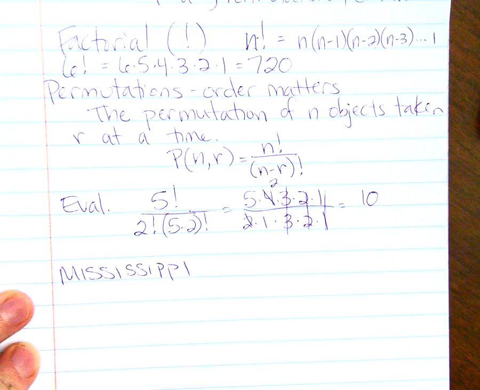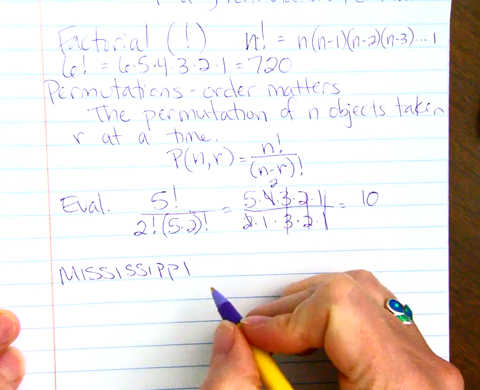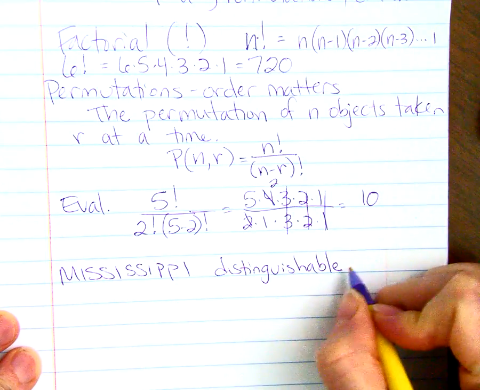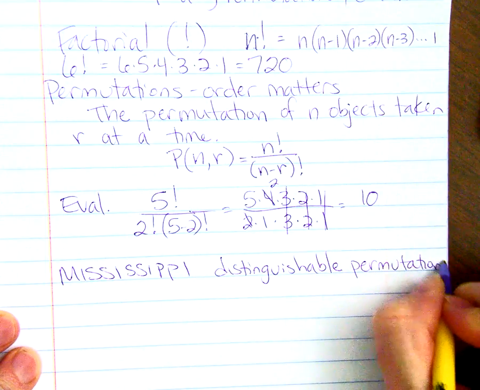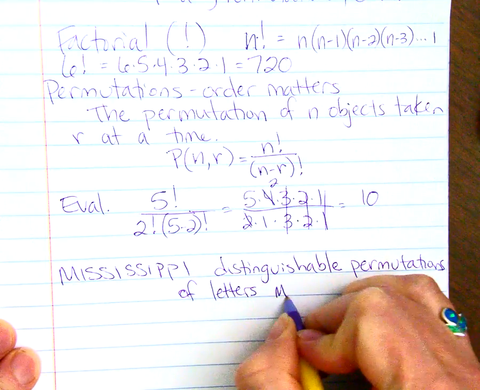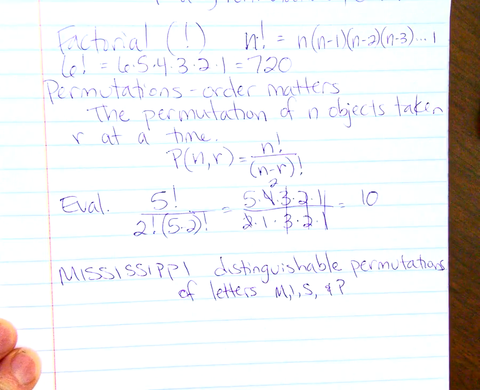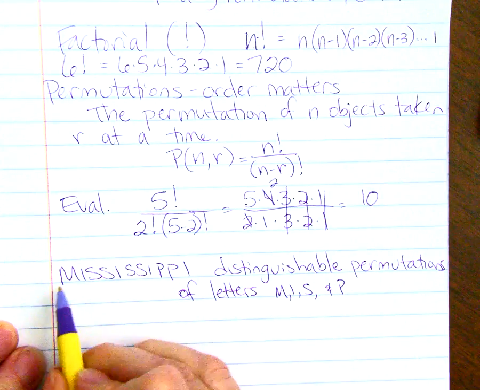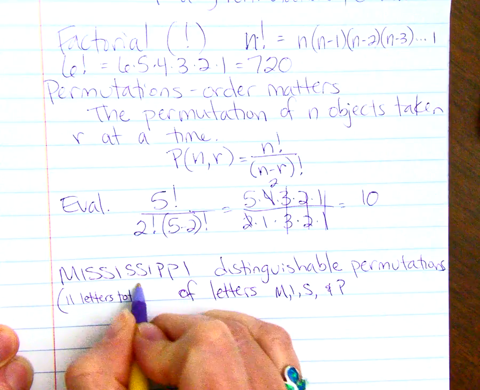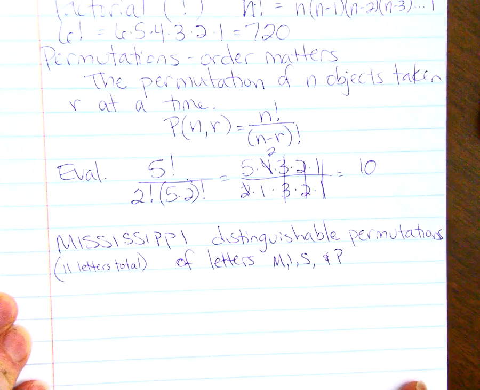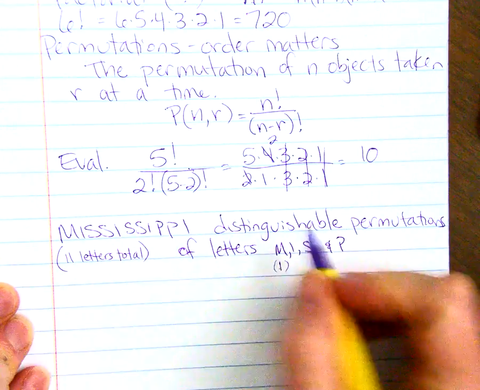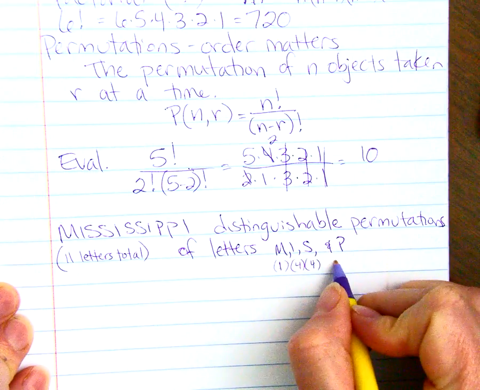The word Mississippi, we want to know how many distinguishable permutations there are of the letters M, I, S, and P. If we count up all the letters in Mississippi, we have 11 letters total. There's 1 M, 4 I's, 4 S's, and 2 P's.